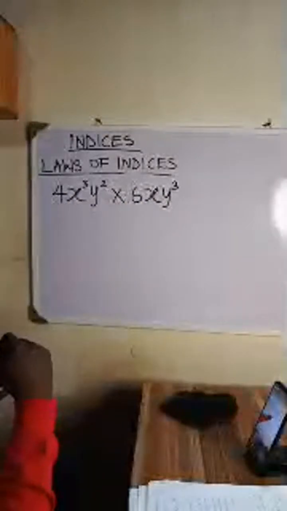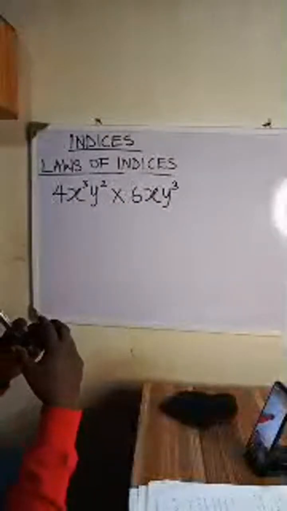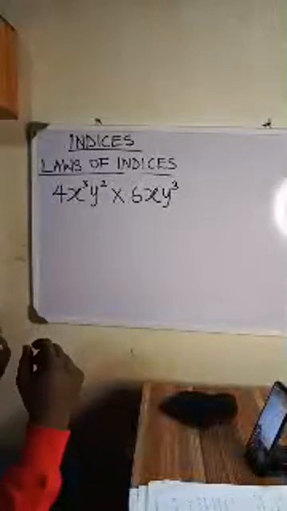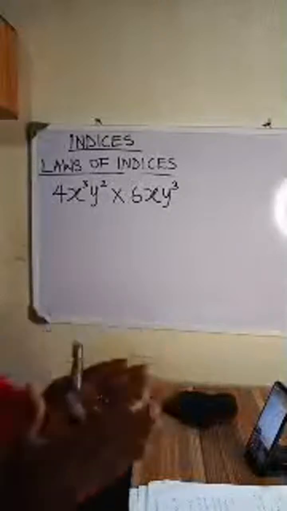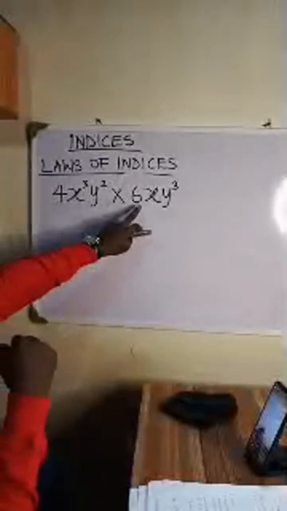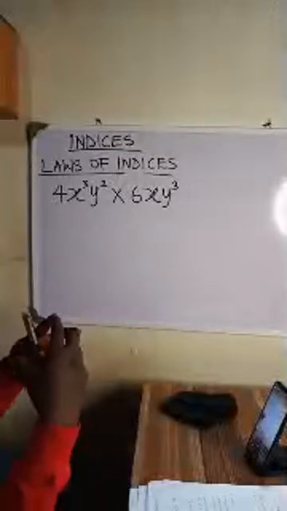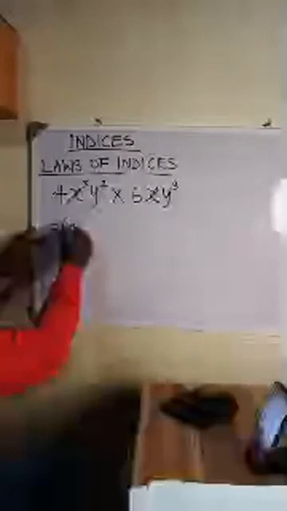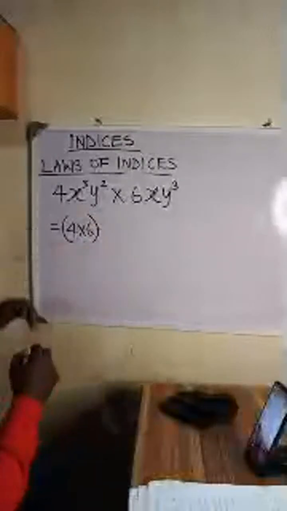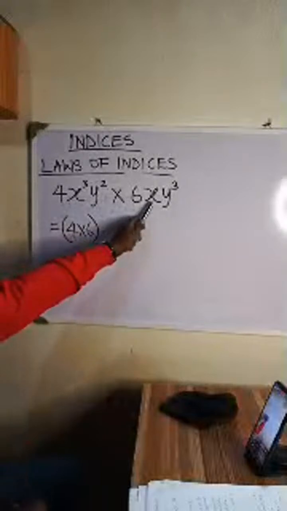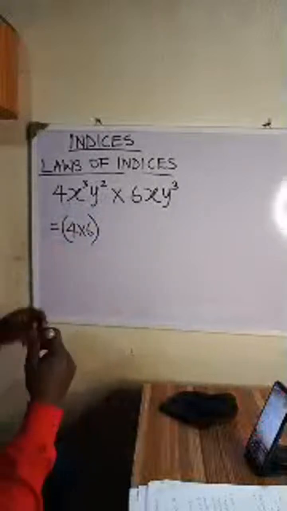So just as we did in the first example, we bring similar terms into different brackets. So here, the numbers are 4 and 6. So we can put 4 and 6 in one bracket and multiply them. And then we have x here, we have x here. We can also put x in one bracket.